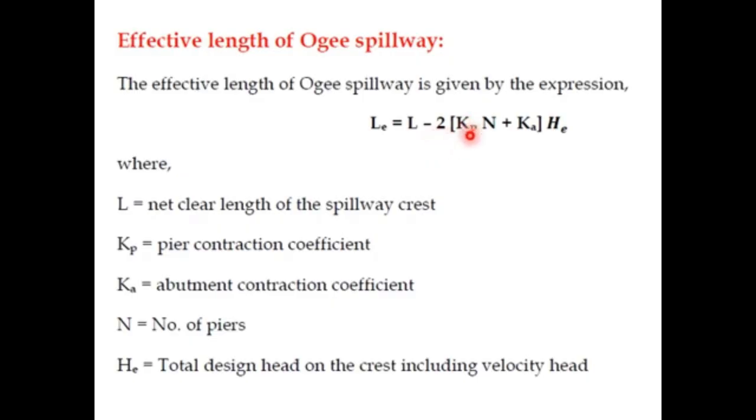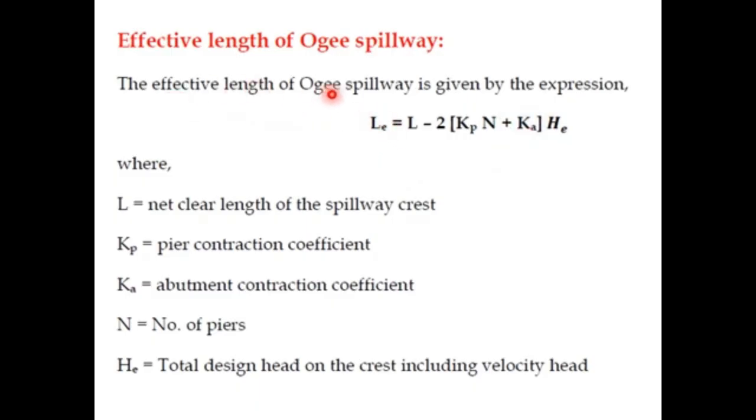There will be end contraction due to the piers as well as end contraction due to the abutments. The pier contraction coefficient or the abutment contraction coefficient depends upon the shape of the pier or the shape of the abutments, and the values are suitably taken.